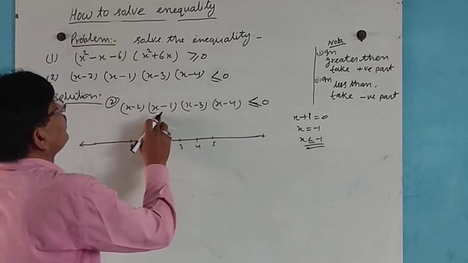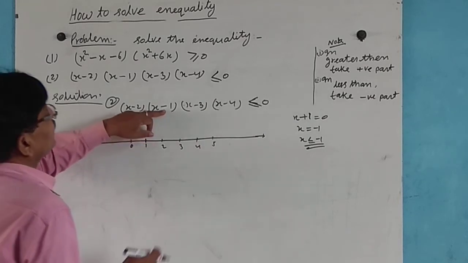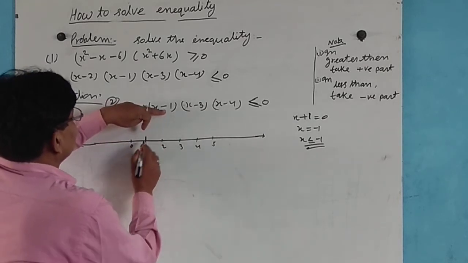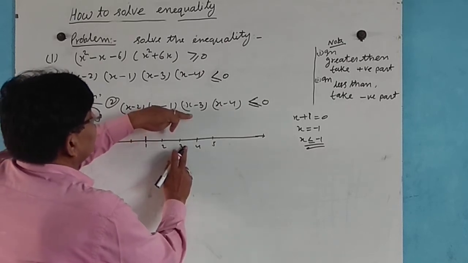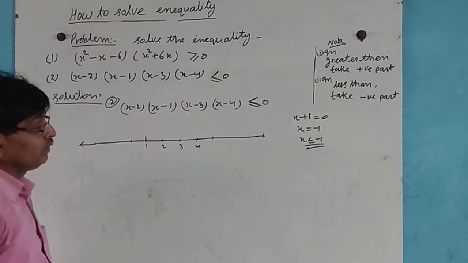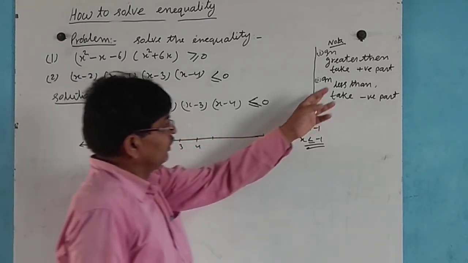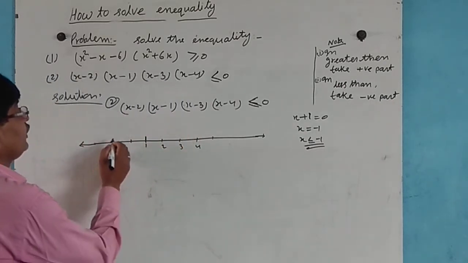Now we indicate this point, this is 1 here, this is 2, this is 3 and this is 4. Now, as it is less than, we take the negative part.